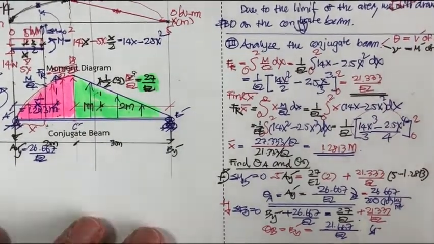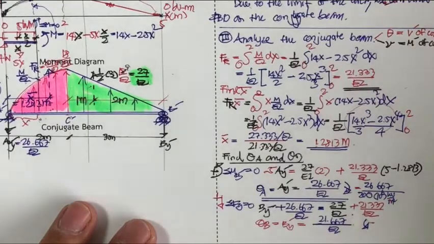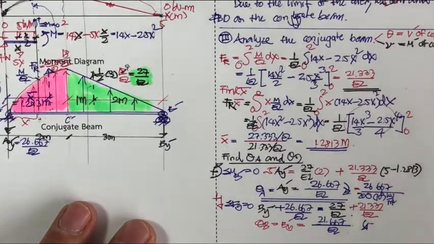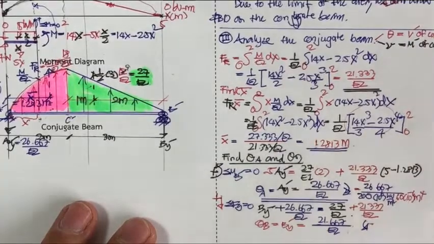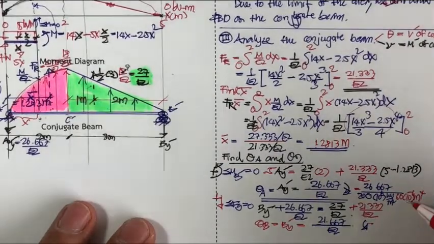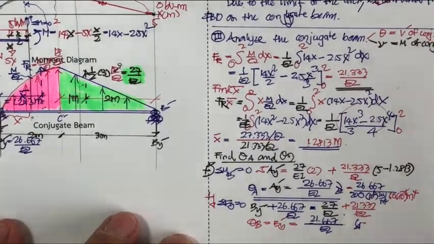We calculated based on kilonewton, so this is 10 to the power 6, and the I is going to be 60 times 10 to the power minus 6 meter to the power 4. And this one is going to cancel this one, so you can get the result easily.